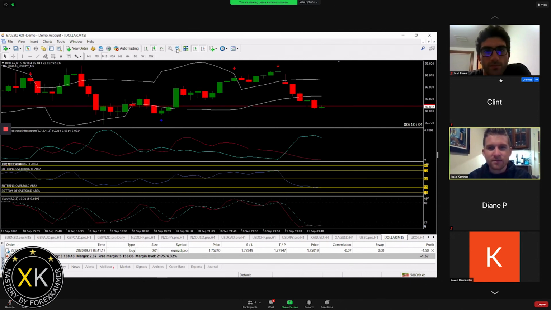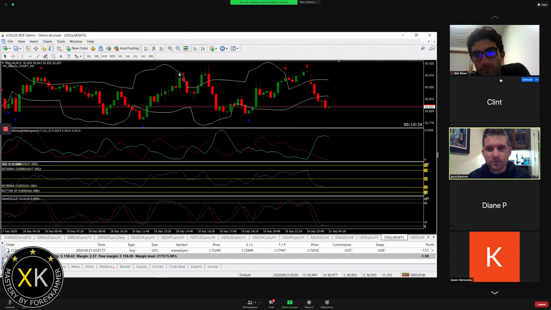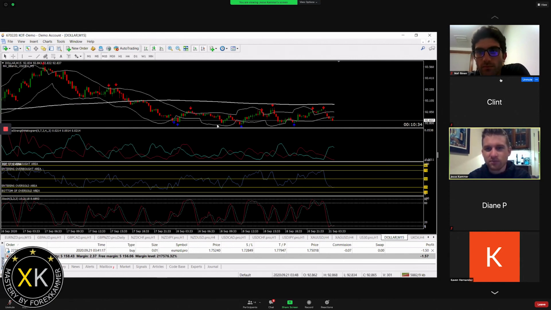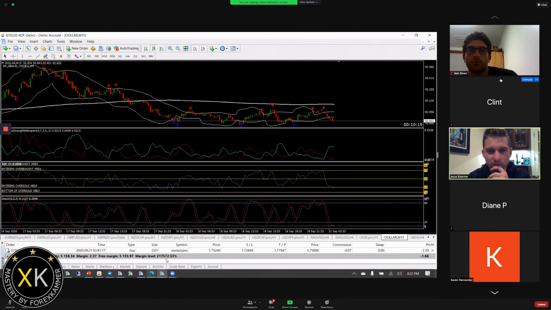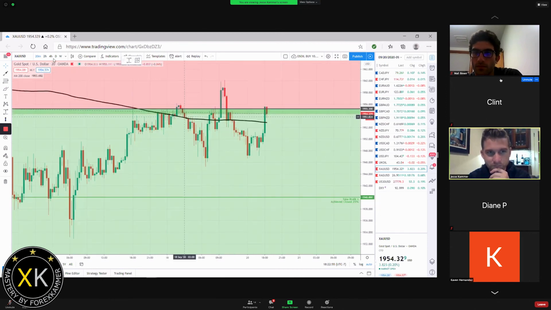All right. Yeah, dollar. I mean, we're just in a state of consolidation. I would love to see it break below this, and then I'd be more confident that it's going to go lower, or break above, and then we'd be going higher. But it's just in that state of consolidation. But what I was saying on gold here is this is the head and shoulders that I'm seeing.